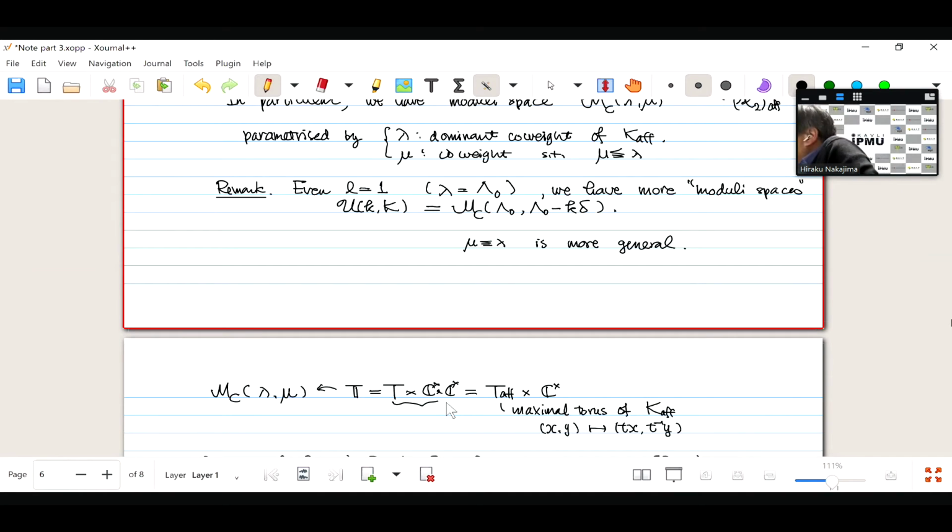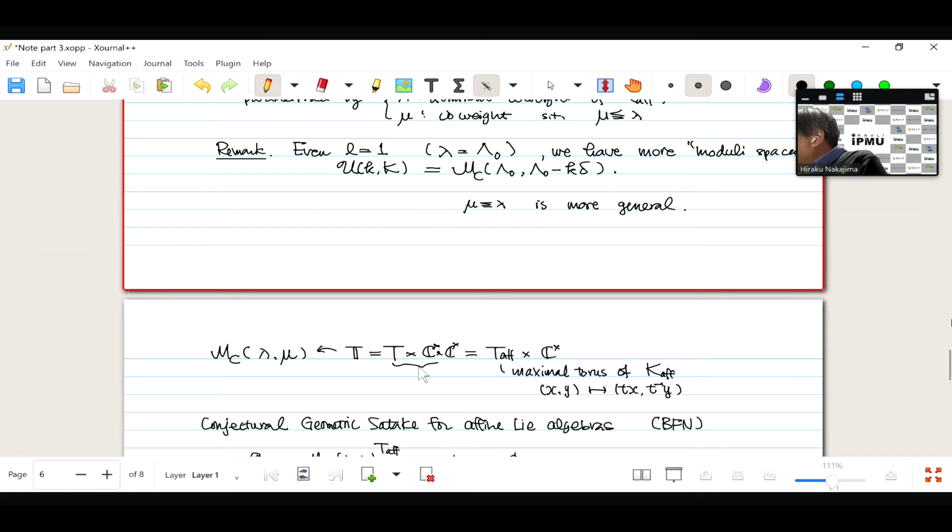But in fact, it is more natural to consider T cross C star as a maximal torus of the corresponding affine Kac-Moody group, and this is the torus. And the C star, or maybe if you want to include the C star for the degree operator, you could include that also, but it acts on the space trivially. So this is actually the maximal torus of the corresponding Kac-Moody group.